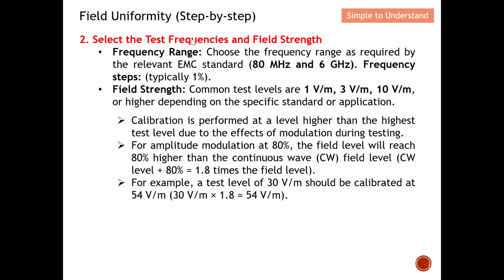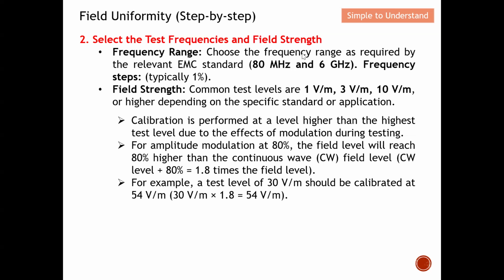Firstly, we need to select the frequency range. After we have selected the frequency range, we need to know the frequency step. For example, when we do 80 megahertz, we need to know the next frequency to test. Typically, the frequency step is 1%, which means I take 1.01 multiplied by 80.